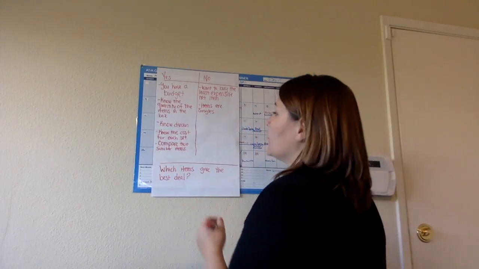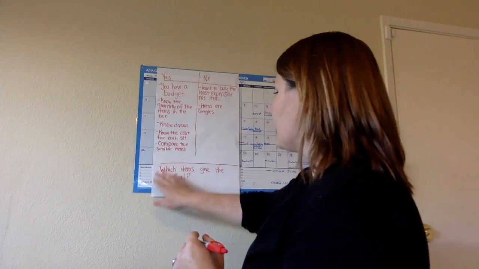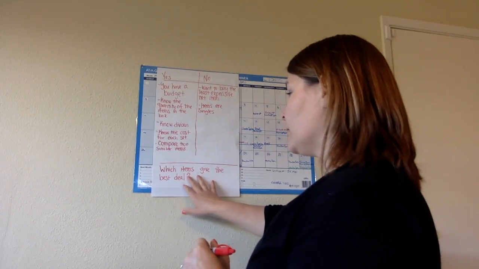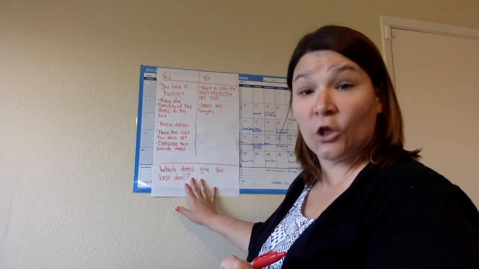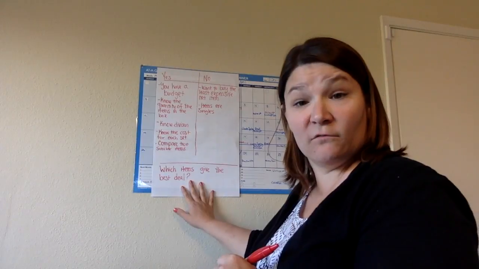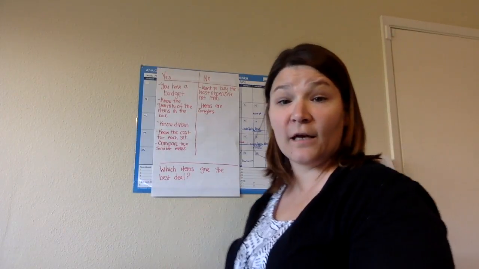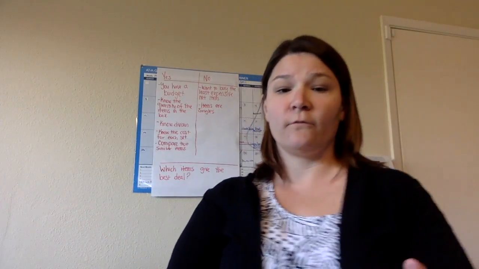Very good. So now we know some yes things that will lead us to understand that we are going to work and learn how to find the best deal, which means finding the unit price of items at Costco. Very good. Okay, so far we've learned how to find the best deal at Costco, and we've also learned how or why we may return something from Costco.